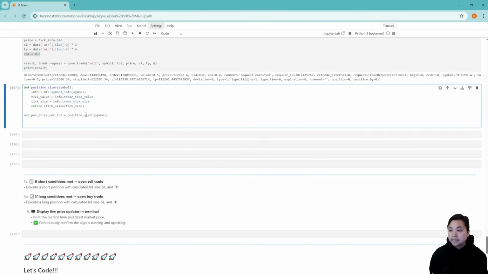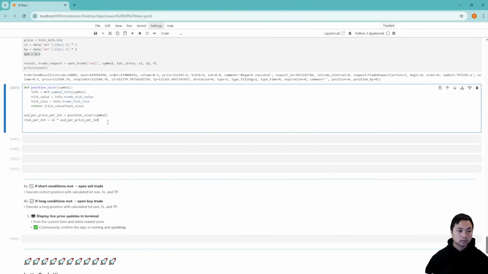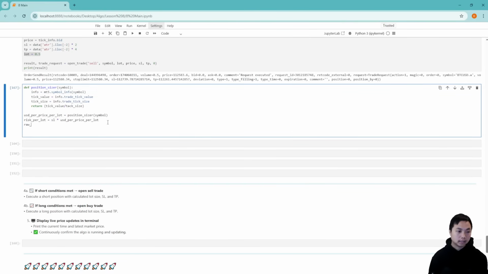And then now we can calculate the risk per lot regarding the stop loss distance. So we have the risk per lot equal to the stop loss multiplied by this US dollar per price per lot. And then finally, we would like to calculate the lot.